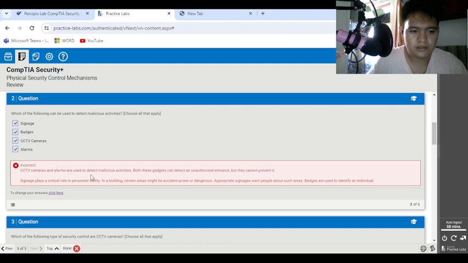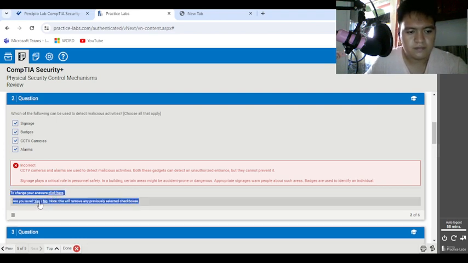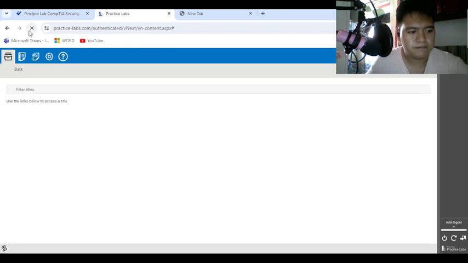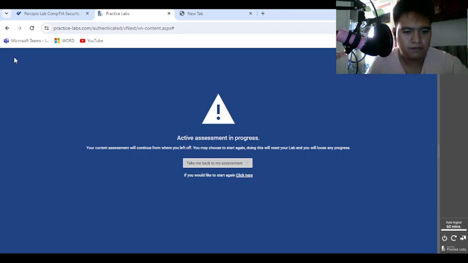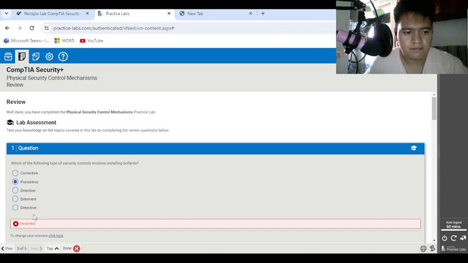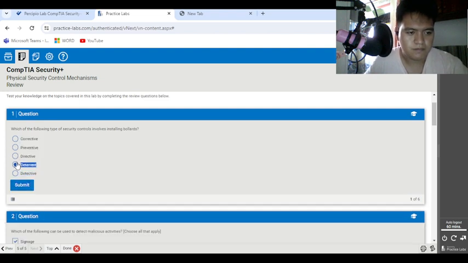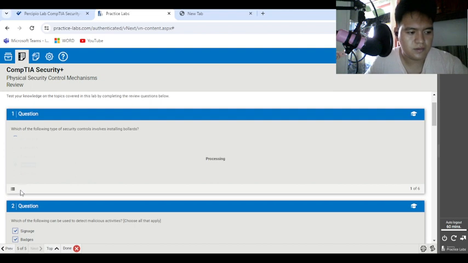CCTV and alarms are used to detect, identify an individual. Deterrent.